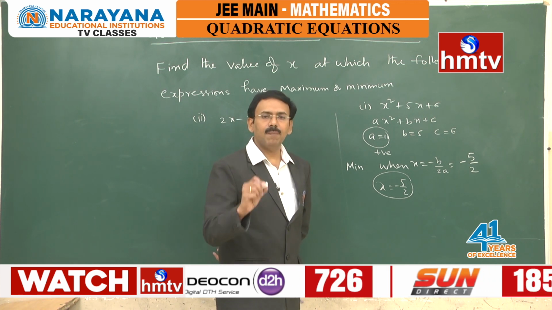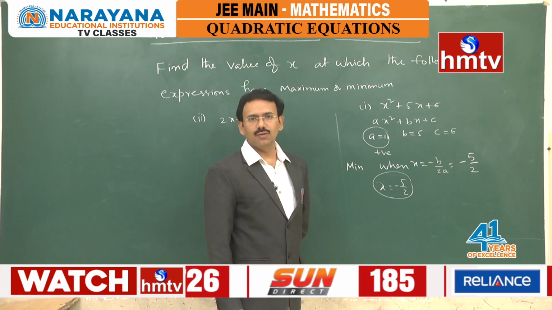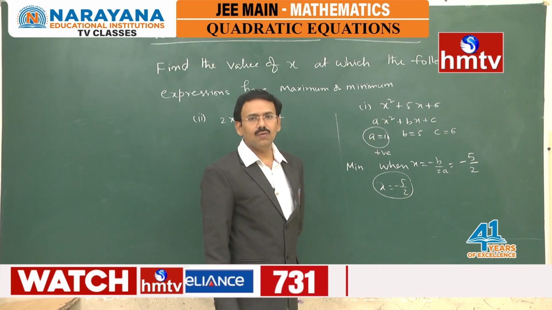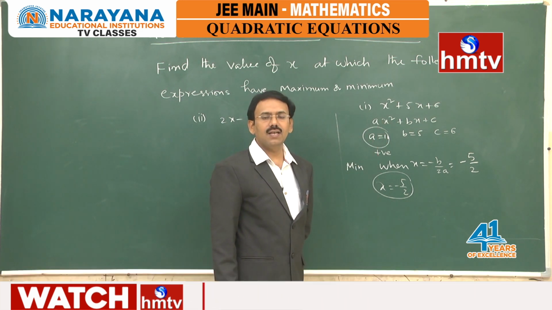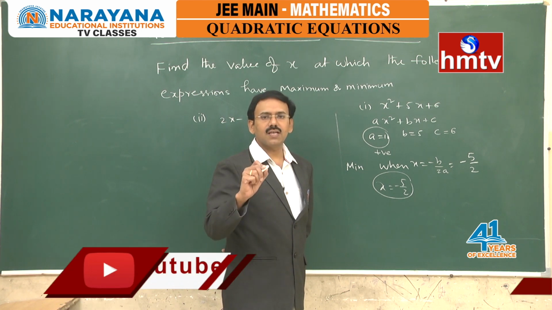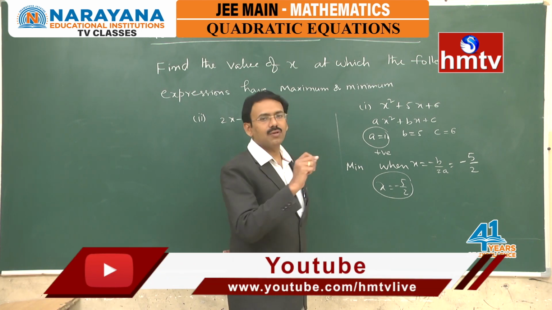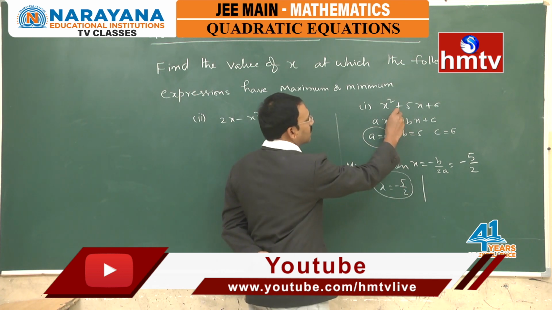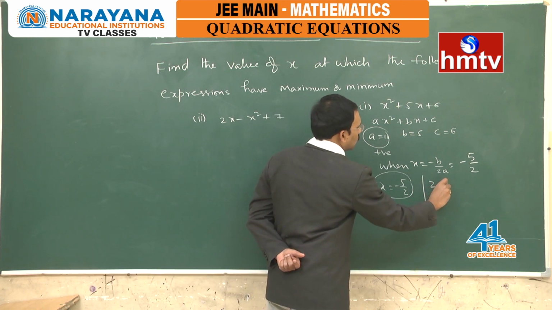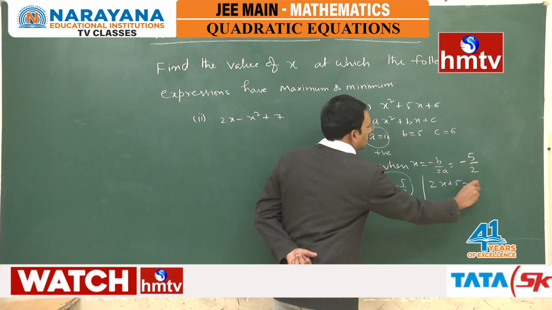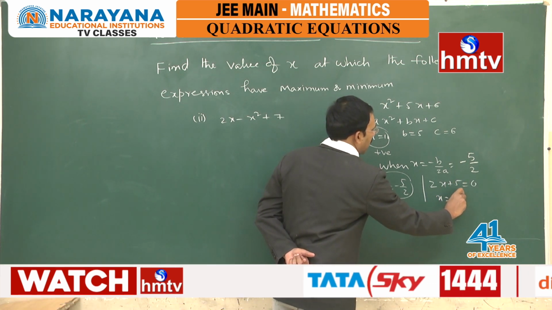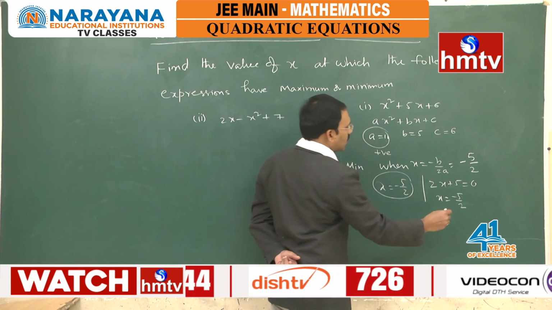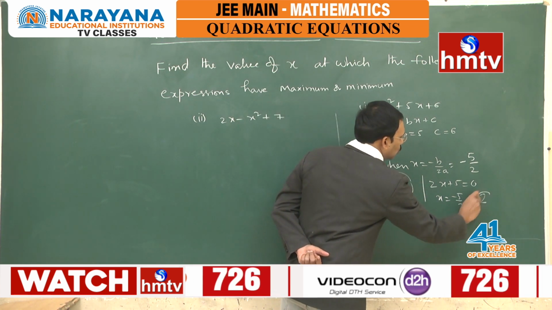Even with the help of calculus also you can do it. You know that when the first derivative is equal to 0, and by observing the second derivative, we can talk about its minimum or maximum. You see, take the derivative of this expression, this is 2x plus 5 equal to 0. So, x is minus 5 by 2, whereas the second derivative is going to become 2.